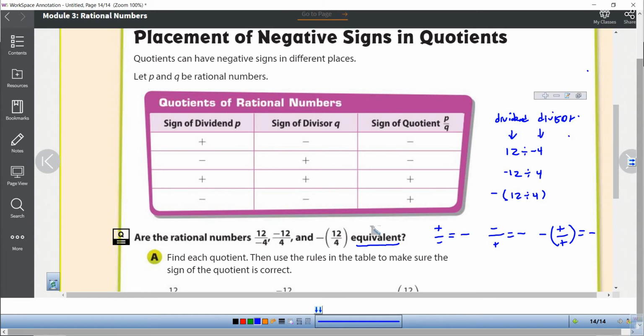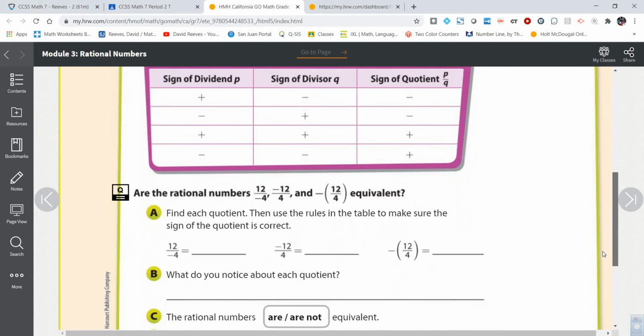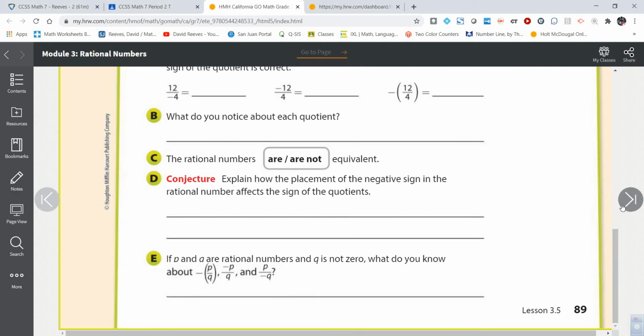So are they equivalent? Yes. In division problems, we can write it any of those ways. When writing out fractions, we usually don't put the negative on the bottom, but we're talking division here. So it could be on the top, on the bottom, or out front. They are all equivalent.